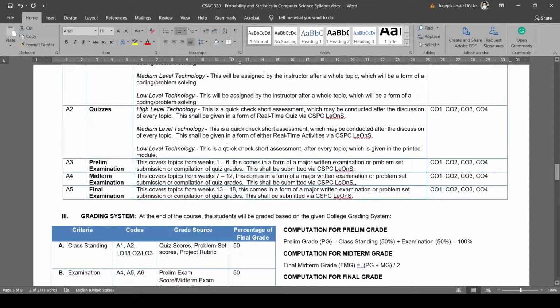This shall be given in the form of a real-time quiz via CSPC Leon. You will also have prelim, midterm, and final examinations. This comes in the form of a major written examination or problem set submission or compilation.